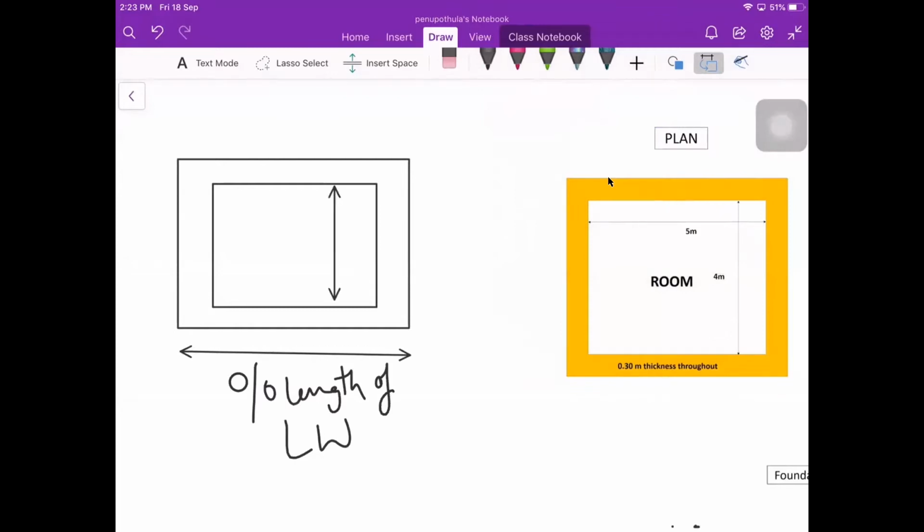Can someone say what this is? This is the in to in length of the short wall. Next, this will be center to center, C by C is center to center, the center line length of the long wall.